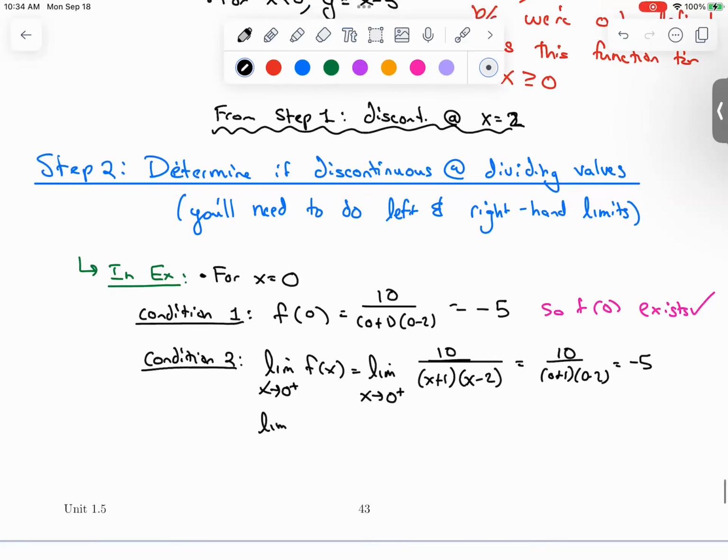Shouldn't have any issues plugging this in. 0 minus 5 equals -5. So the limit exists, right? And equals -5, because the left and the right hand limits agreed. Equal, which implies that the limit as x approaches 0 of f of x equals -5.